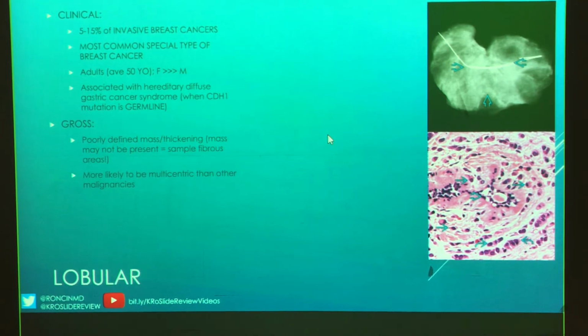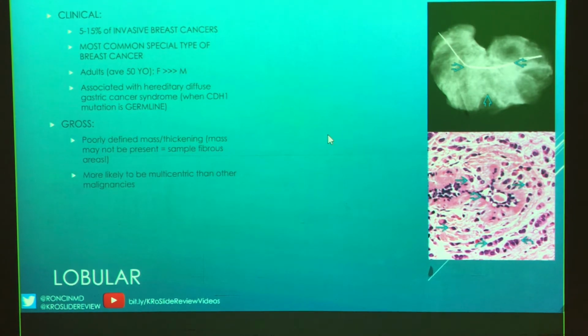And if you don't have a mass, that also doesn't mean that it's not lobular. But when you're grossing these, you want to make sure that you're sampling fibrous areas, just because it could be those little trickles of malignant cells going through, and especially if the patient has been treated, these cells really will shrivel up to almost nothing, and then that can be very, very challenging diagnostically.